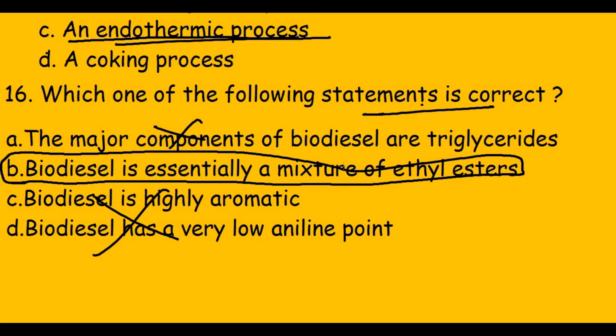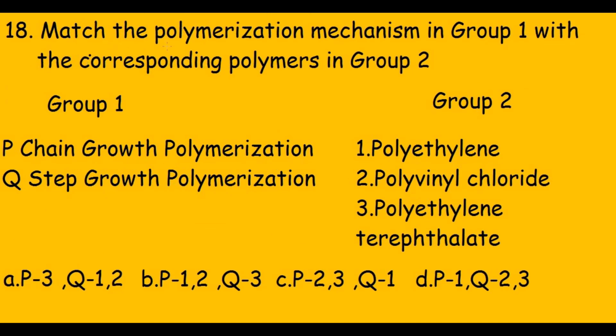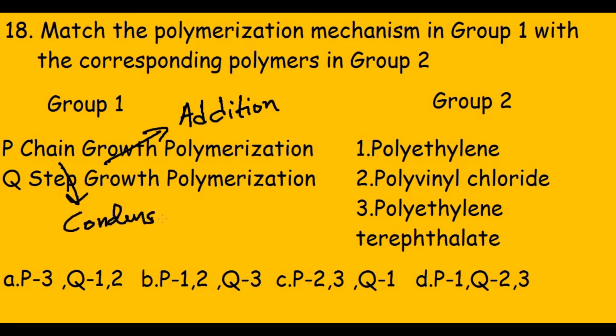So let's move on to the next question. This 18th question says, match the polymerization mechanism in group 1 with the corresponding polymers in group 2. In group 1 we have chain growth polymerization and step growth polymerization. Remember, chain growth polymerization is also known as addition polymerization, while step growth polymerization is known as condensation polymerization.